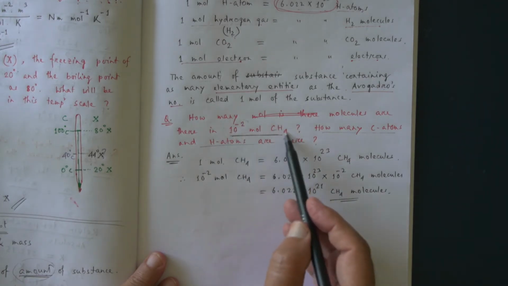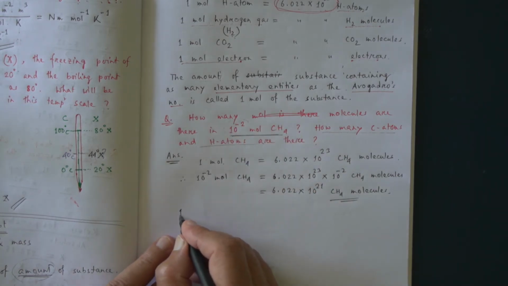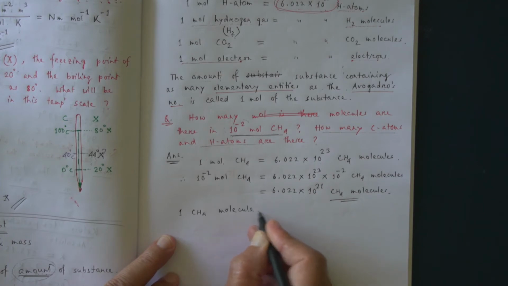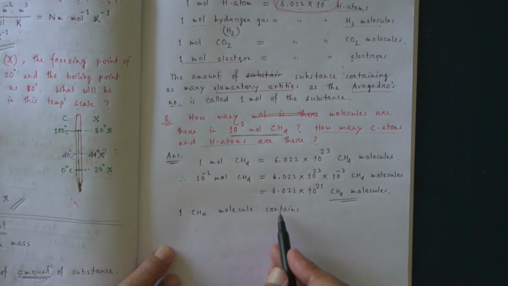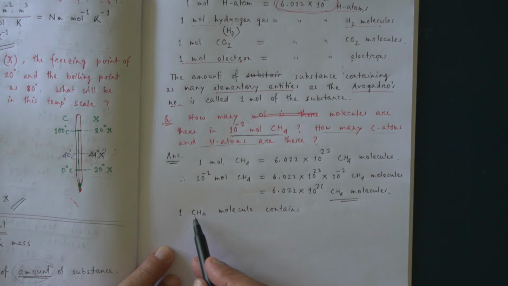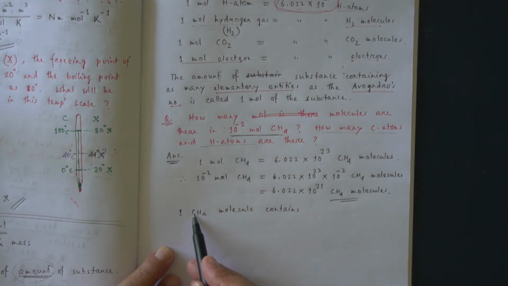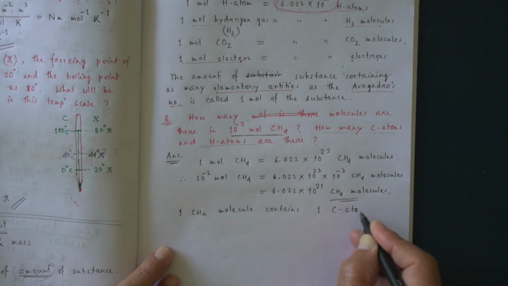How many carbon atoms and how many hydrogen atoms are there here? Now you see, 1 methane molecule contains 1 carbon atom and 4 hydrogen atoms. First let me write this.